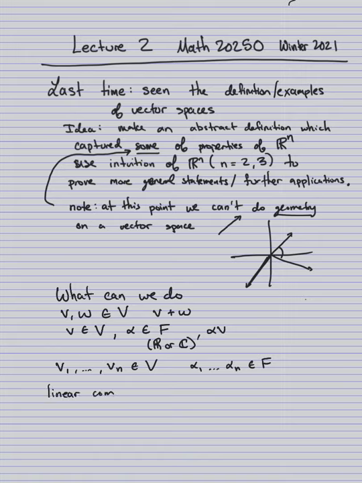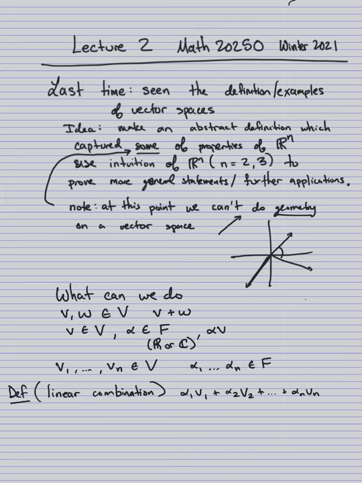This is the definition of a linear combination: you take alpha 1 v1 plus alpha 2 v2 plus ... plus alpha n vn.